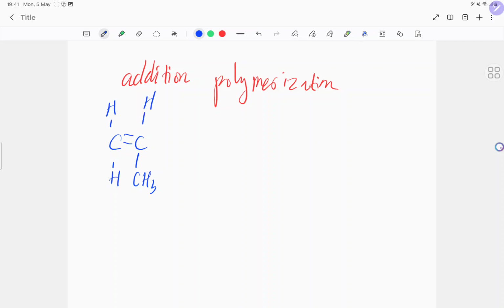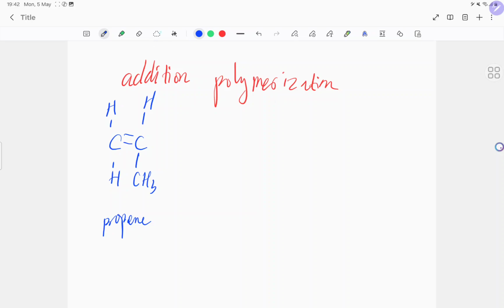What do you call it? Is it propene? Wait, we've got three carbons: 1, 2, 3. And it's got one double bond right here. So we call it propene.